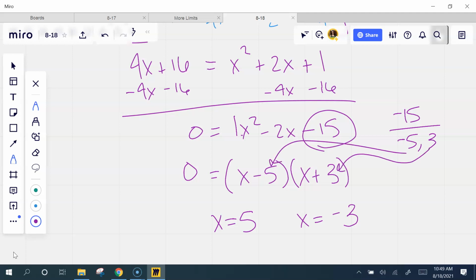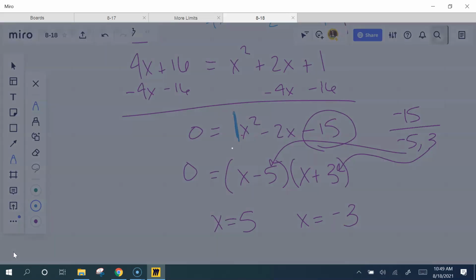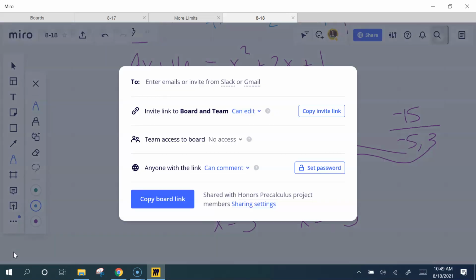You don't have to slash it, as long as this is a 1. It won't let you? Yeah, you'd move it to the other side.